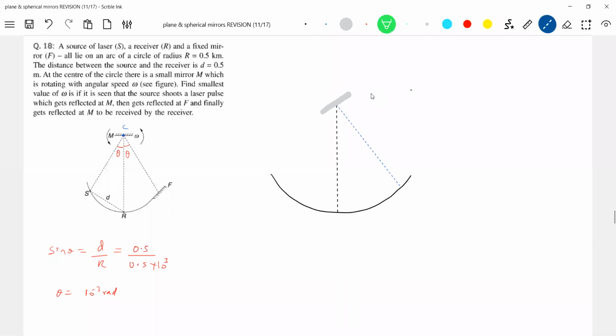So what should be the normal? This should be the normal now. Earlier this was the normal. So what will happen to the ray? This is the receiver, and there is a small mirror.